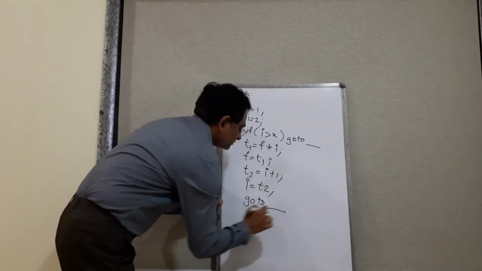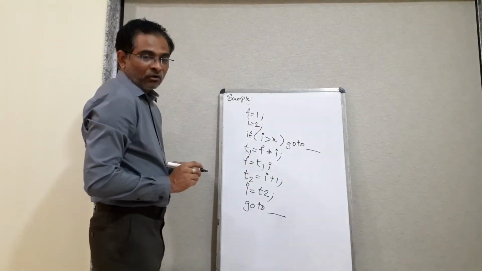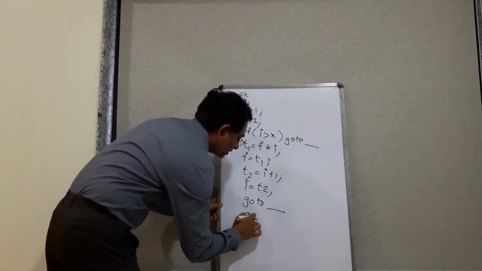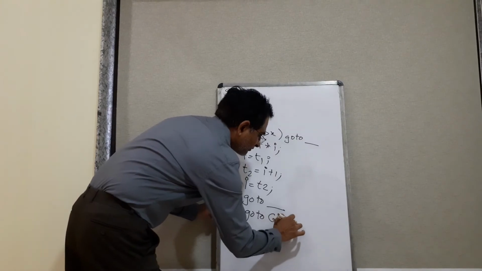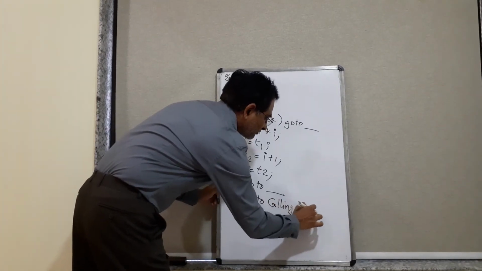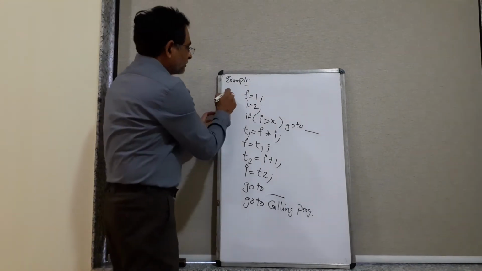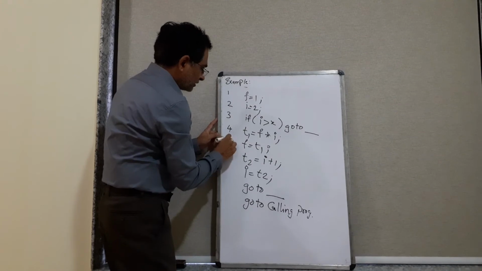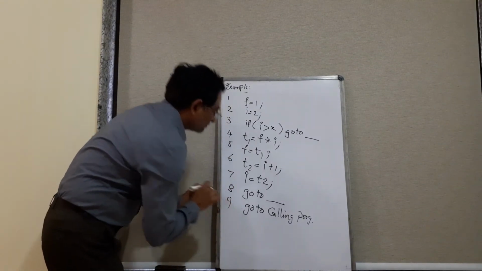Anything else? Go to the calling program, which is the main program. Let me number it. So this is 1, 2, 3, 4, 5, 6, 7, 8 and 9.